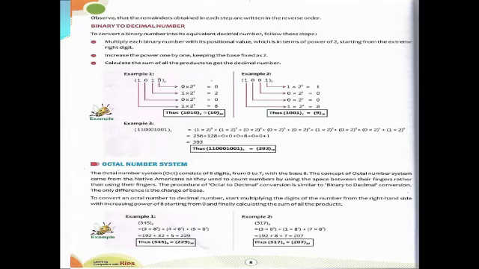Then binary to decimal conversion. We write down 1 0 1 0.